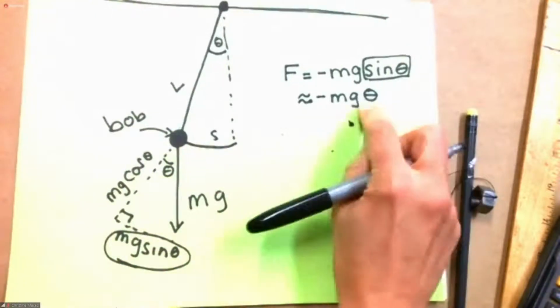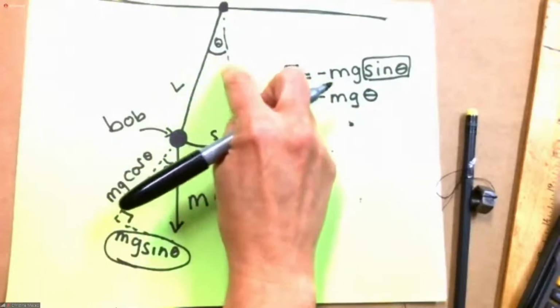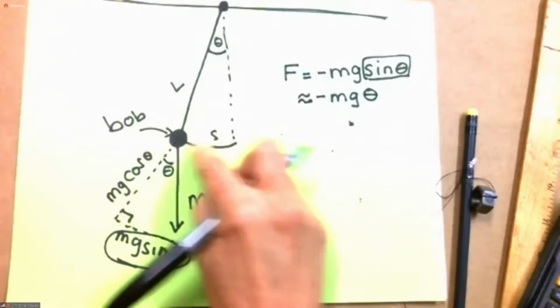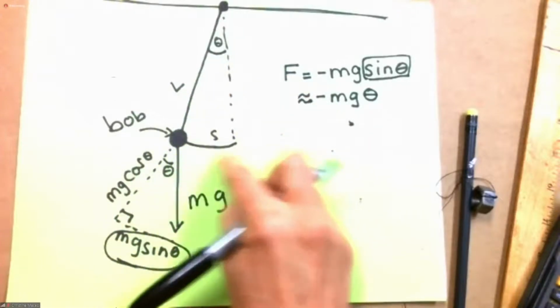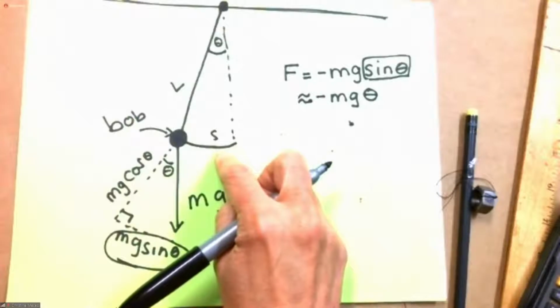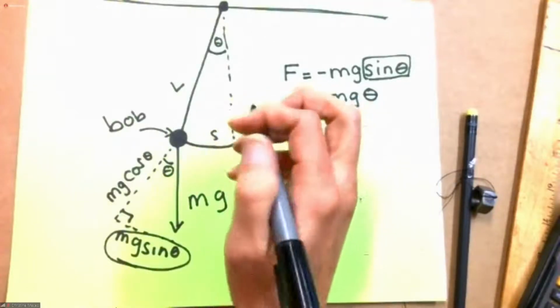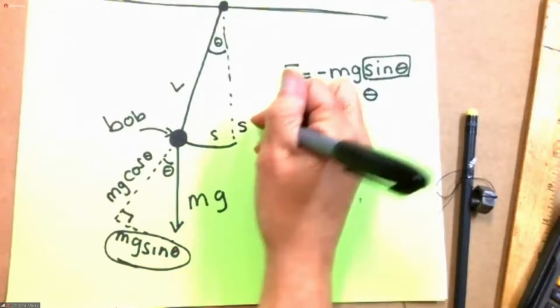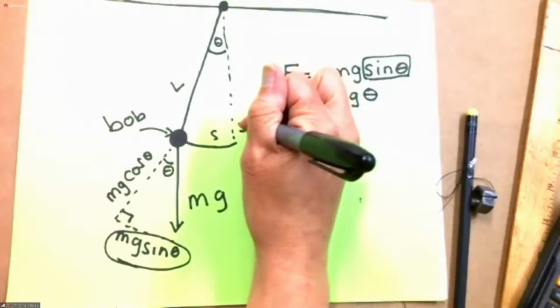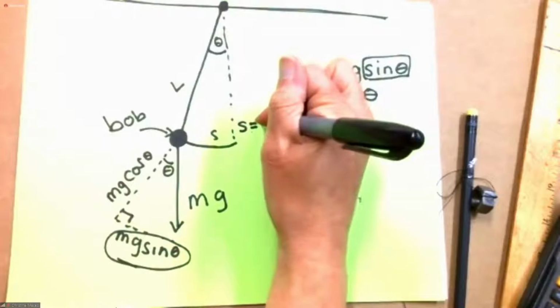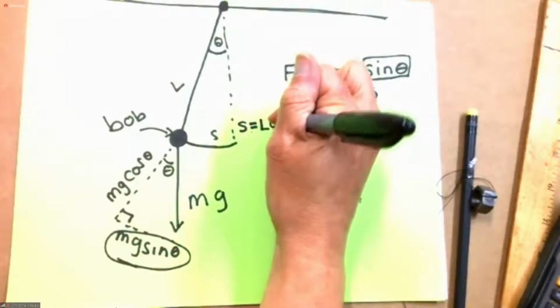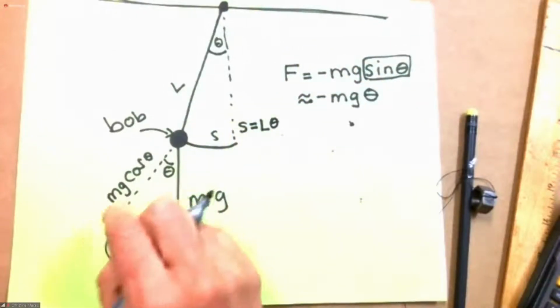All right, so here's that theta over here, and here's the movement of the pendulum along its arc. And if I take a look at this arc length here, then this arc length is actually going to be L theta. That's the definition of arc length.